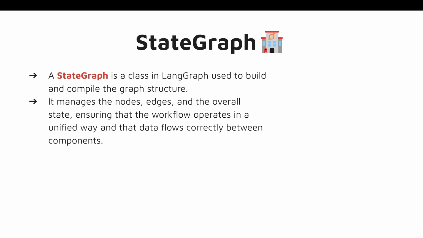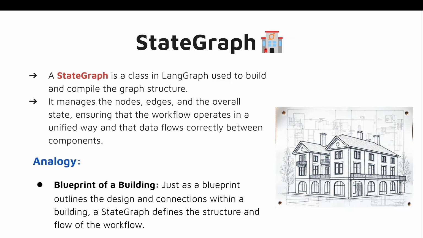So again, it's quite an important element. You can think about it as a blueprint of a building. Just as a blueprint outlines the design and the connections within a building, the state graph does exactly that, but it defines the structure and the flow of your workflow or application.